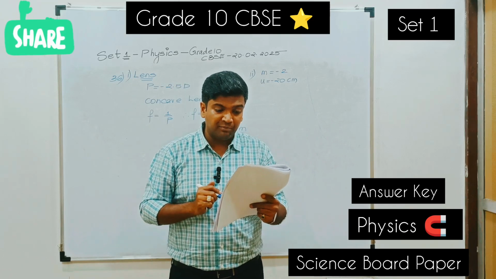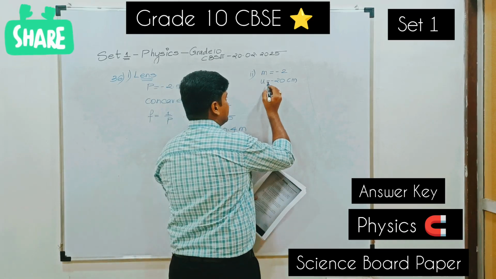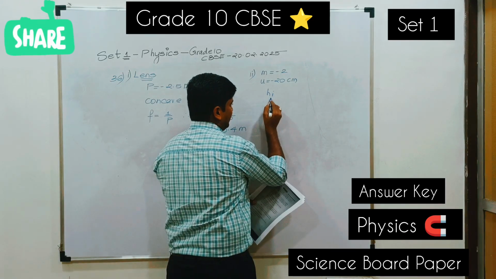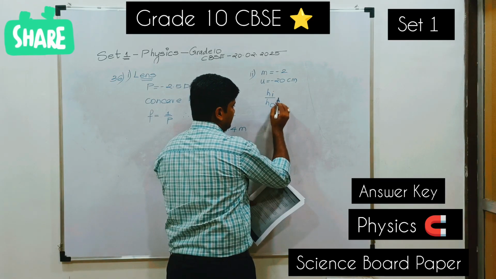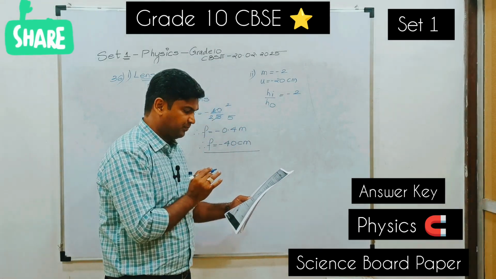Size of the image compared to the size of the object. Okay, since magnification is -2, I know one thing: height of the image upon height of the object will also be -2.